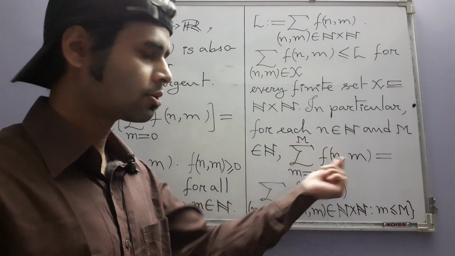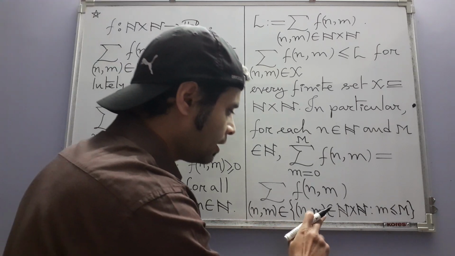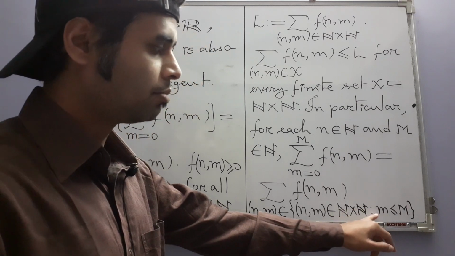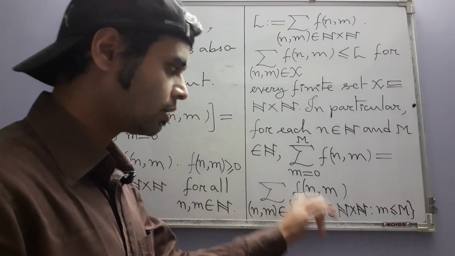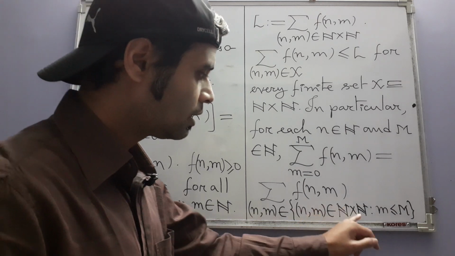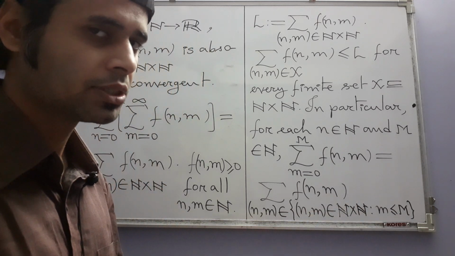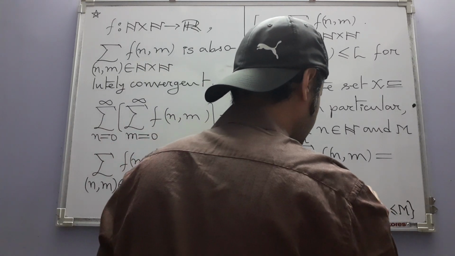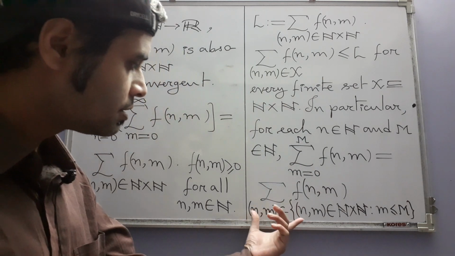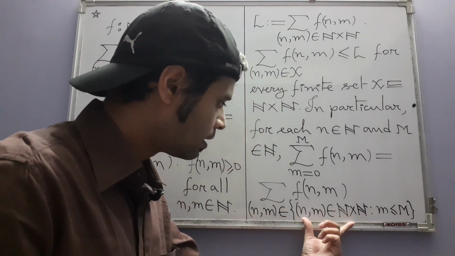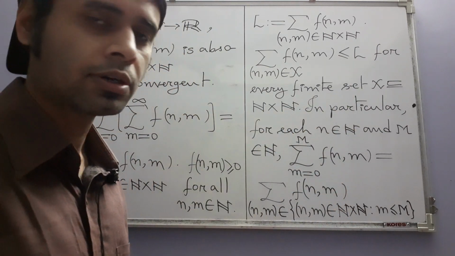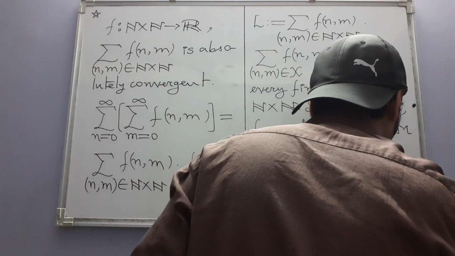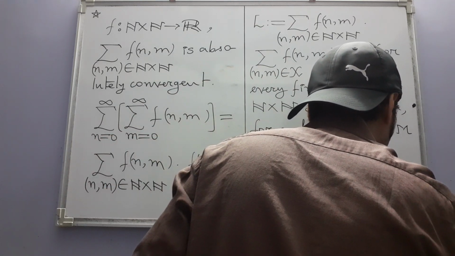That's because n has been chosen and it is fixed, but m is varying from 0 through capital M. We do not need to mention separately that m is greater than or equal to 0, because being a natural number, that is true, but we need to mention that m is less than or equal to capital M. And this set that you see here is a finite subset of N cross N, for which we already have this inequality. So that means this thing will be less than or equal to L.